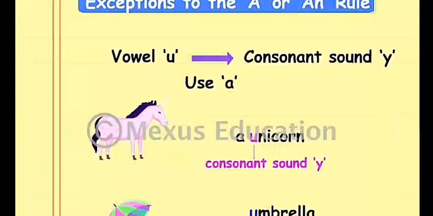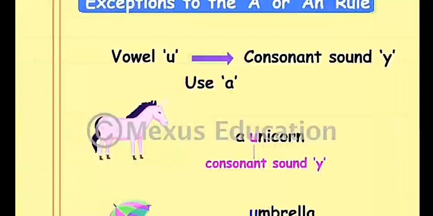Apart from H, we are on the next sound, vowel U. Vowel U, it gives the sound of Y. Then we use A. Whenever U gives the sound of Y, we use A. Like I've already mentioned, earlier I mentioned unicorn, university, universe.